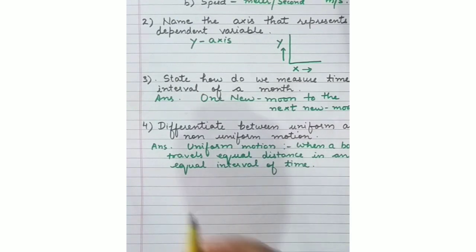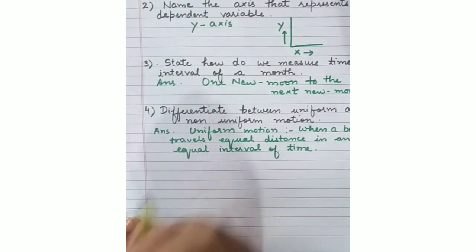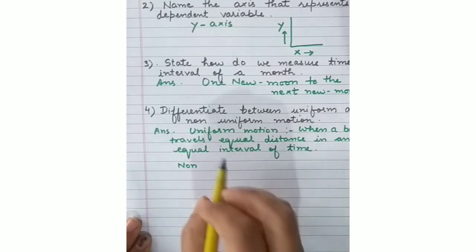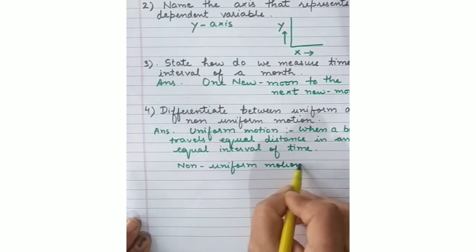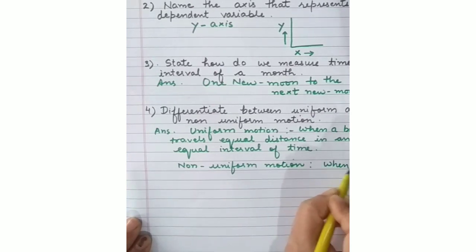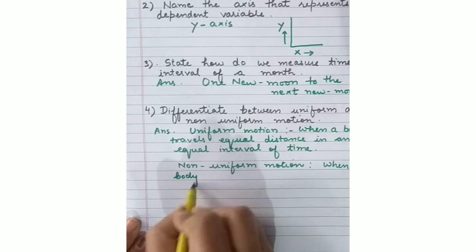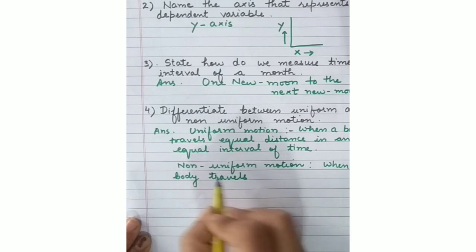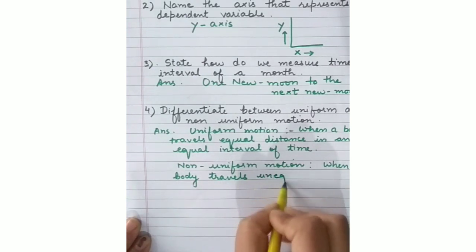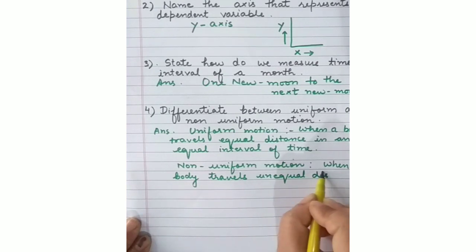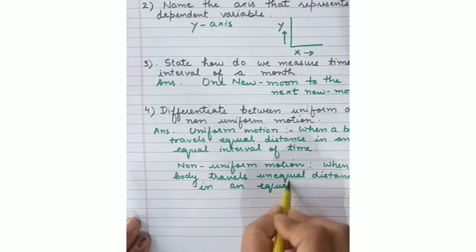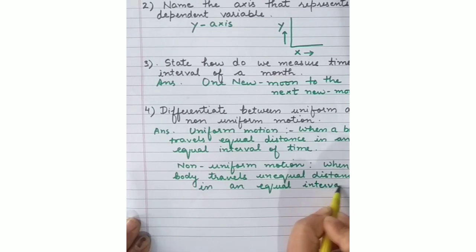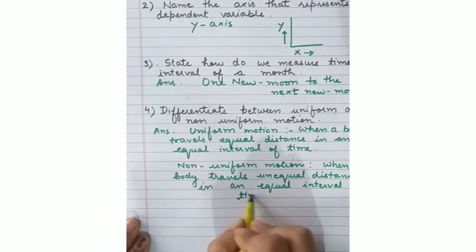Next is your non-uniform motion. In non-uniform motion, when a body travels unequal distance, listen carefully, I am talking about unequal distance in an equal interval of time.